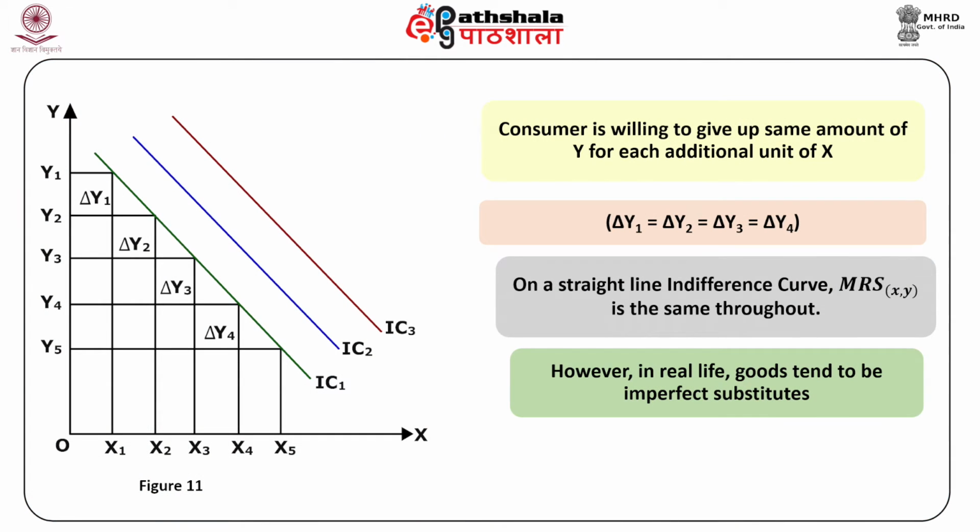As explained in figure 11, on a straight line indifference curve, the consumer is willing to give up the same amount of Y for each additional unit of X. That is, delta Y1 is equal to delta Y2 is equal to delta Y3 is equal to delta Y4, as more and more units of X are substituted for Y. Since marginal rate of substitution XY is equal to the slope of the indifference curve at a point on it, and because a straight line has the same slope throughout, therefore the straight line indifference curve will mean the same marginal rate of substitution XY throughout.